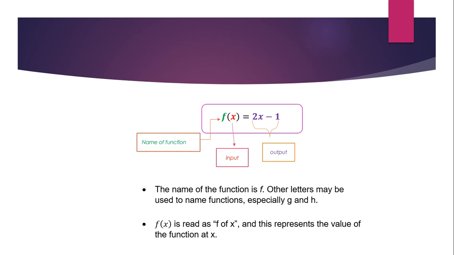Instead, you could use f of x, g of x, or h of x. And this makes it easier to evaluate a function if you have different values of x.